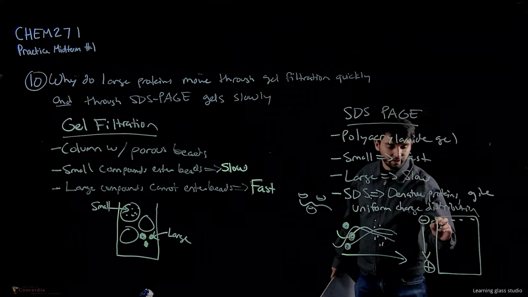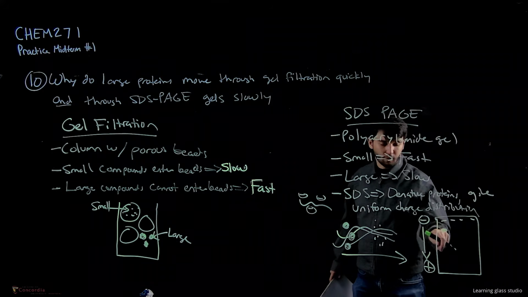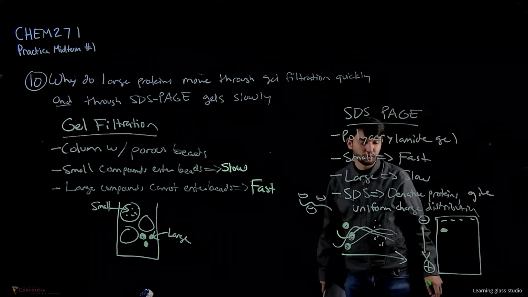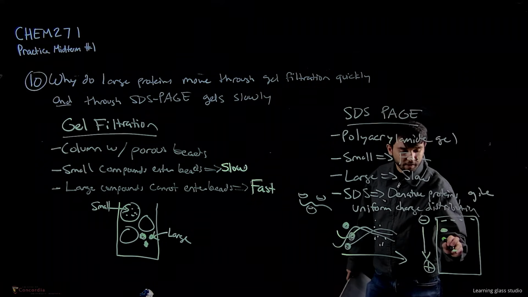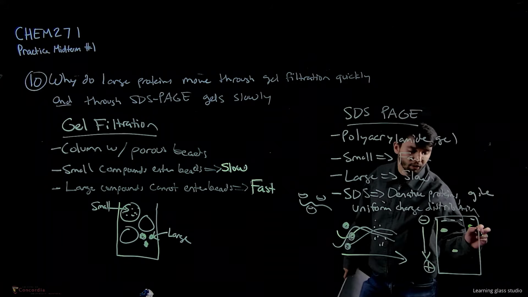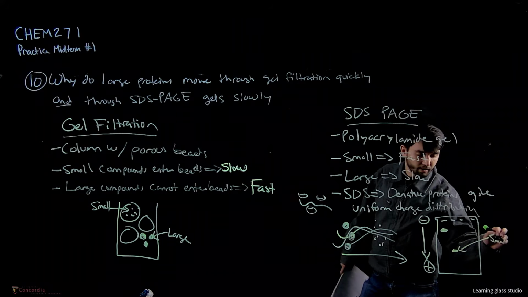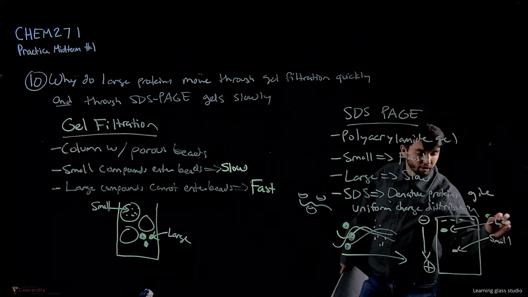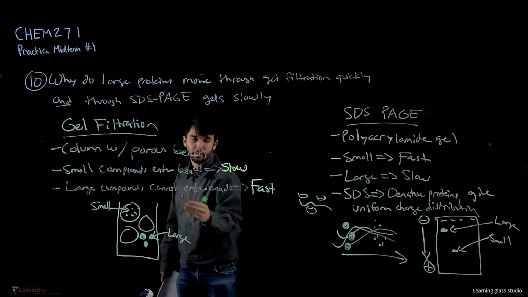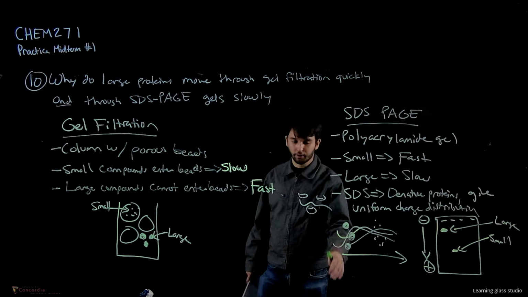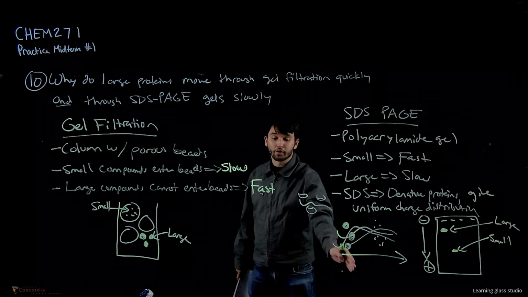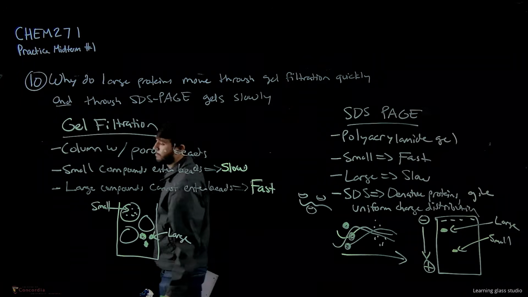Larger proteins will show a band that has not moved as far because they will not move as quickly through the gel, while the smaller proteins will show a band closer to the positive electrode because they will move a lot more quickly. So this is small, and this is large. The difference is basically the beads here will capture the small proteins, while here the gel captures the large proteins. So the small ones move slowly with gel filtration, and the large ones move slowly with SDS-PAGE.